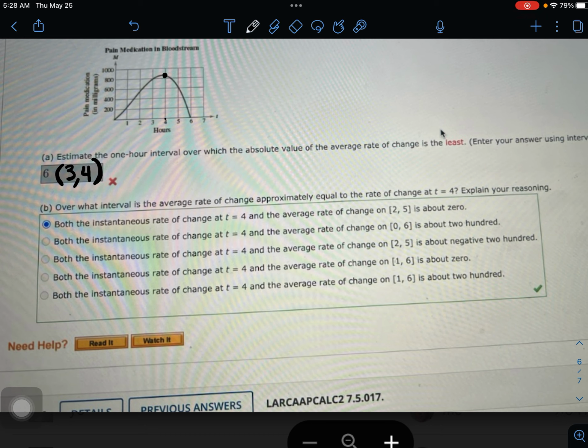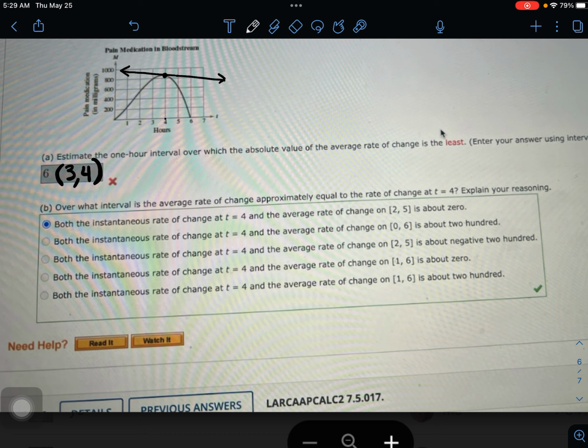And the tangent slope is going to be the line that goes through that point. It's going to be kind of like that. That'll be your tangent slope. It's tangent to that point. That's your instantaneous rate of change. So remember, in calculus, whenever you see the words instantaneous rate of change, if you have a function, it means you need to find the derivative. If you have a graph, it means the tangent slope.